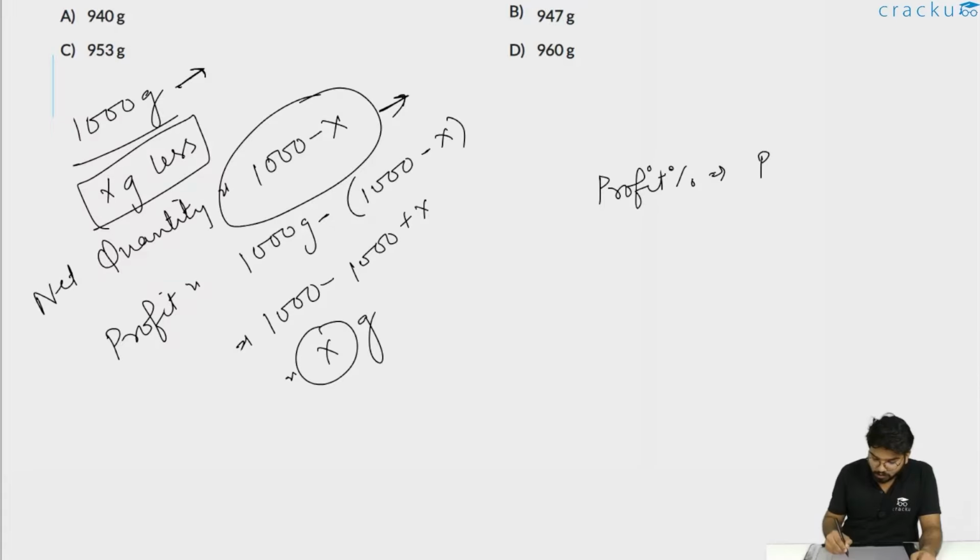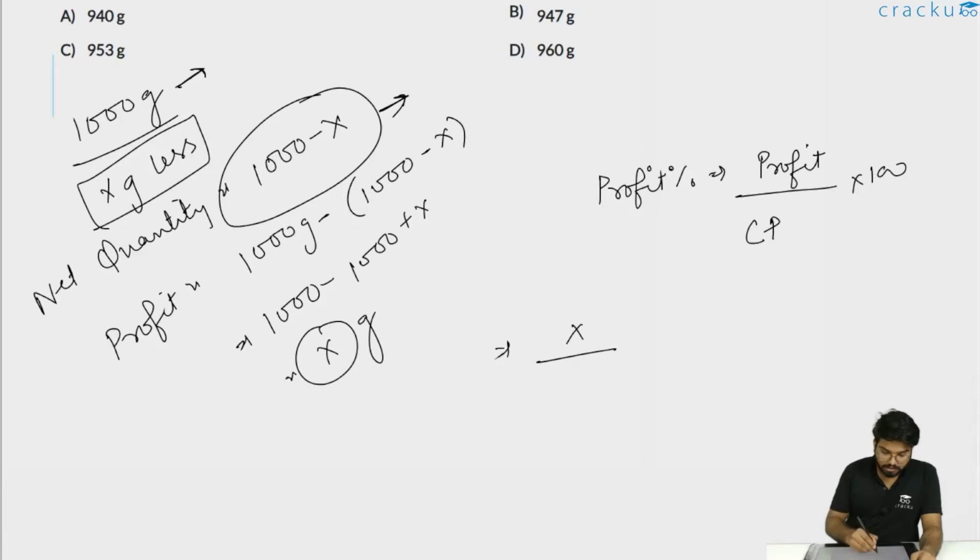Profit percentage is profit divided by cost price into 100. We know that profit is x grams, cost price is 1000 minus x, because don't consider 1000 gram as the net cost price, because he is not selling 1000 grams. The cost price or net quantity he is selling is 1000 minus x grams, so that will be his actual cost price.